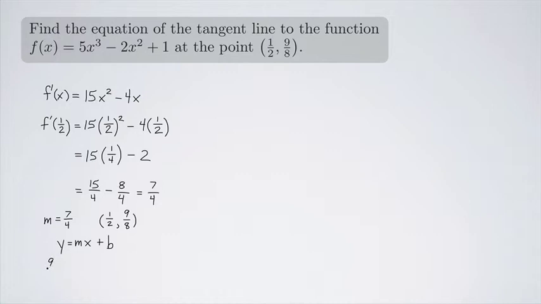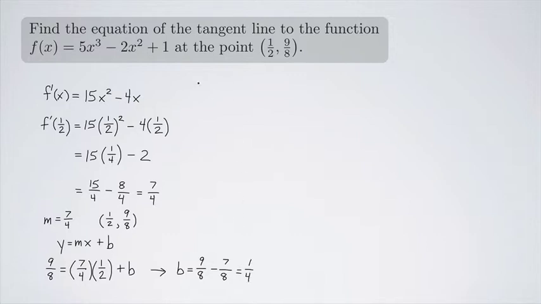So 9/8 is y equals, and the slope m is 7/4, and x is 1/2, plus b. And I can solve this for b. So that's going to be 9/8 minus 7/8, since 7/4 times 1/2 is 7/8. And so 9 minus 7 is 2/8, or 1/4.